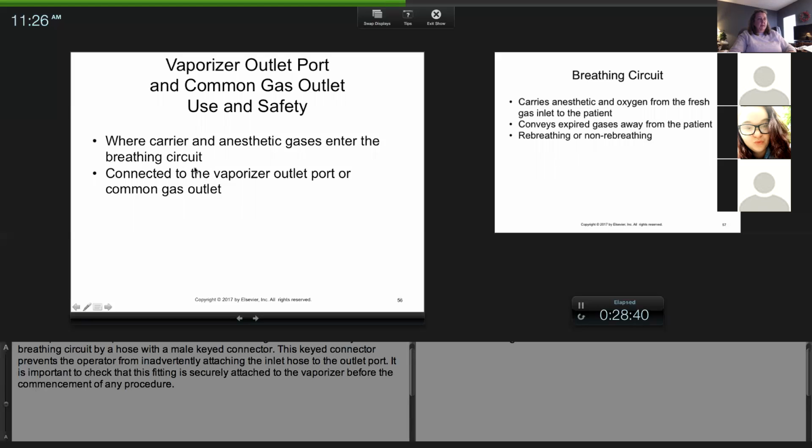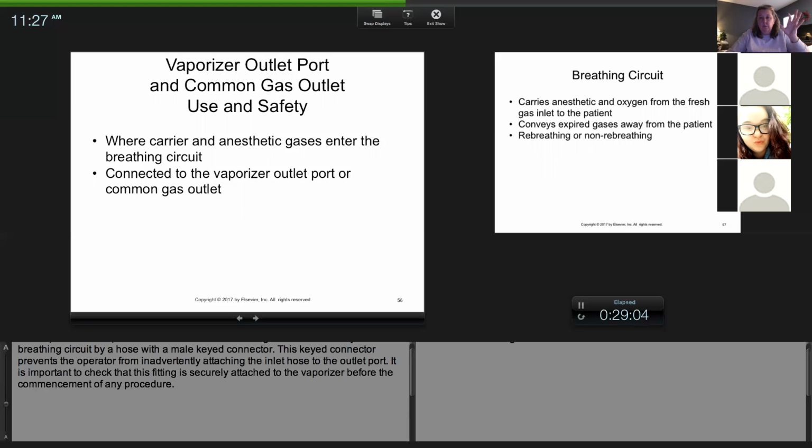Now the outlet port is connected there by a common tube, and like it's showing you, there's a male connector, but normally you don't have to mess with that tube. I'm going to be getting into breathing circuits when we do anesthetic equipment in anesthesia 2.